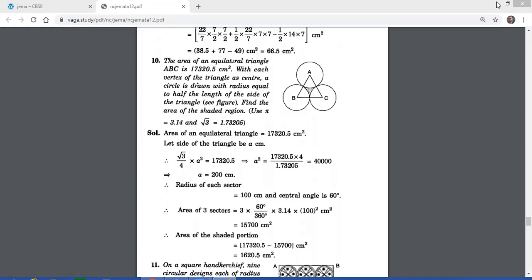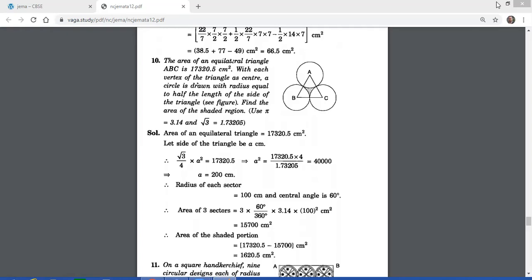So what will be the shaded region? Shaded region is in between here. It will be area of the triangle which is already given minus area of the three sectors. So sector formula will be 3 times pi r square theta by 360. Radius we have already found, 100, and theta is 60 because it's an equilateral triangle.